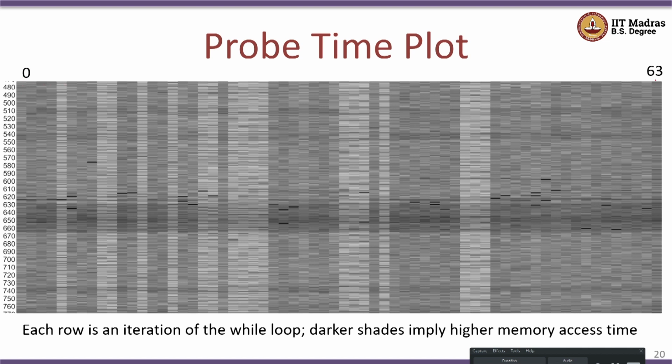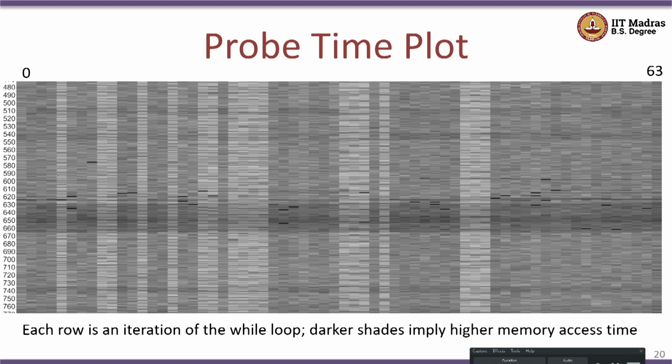On the y-axis you see these numbers 480, 490, and so on. These are the iterations of the while loop. For example, the 480th iteration of the while loop corresponds to this row, the 490th is this row, and so on. We see different shades of gray, and the darker shades imply a higher access time.